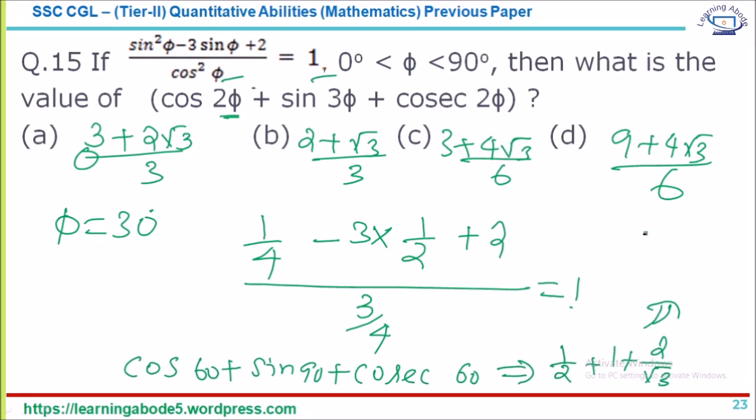So you will get 3 root 3 plus 4 by 2 root 3. 2 root 3 is the LCM, right? Now to simplify, just multiply by the denominator 2 root 3. Okay, so you will get 9 plus 4 root 3 by 6. That's the answer option D for this question.